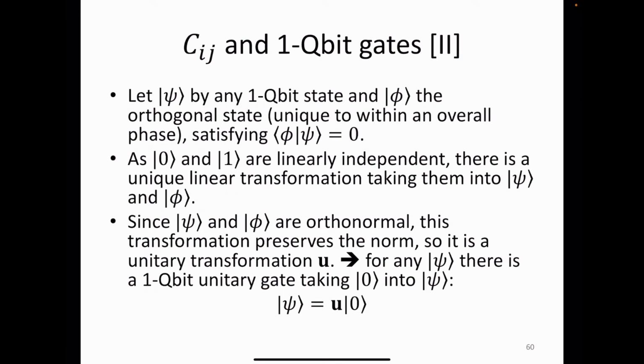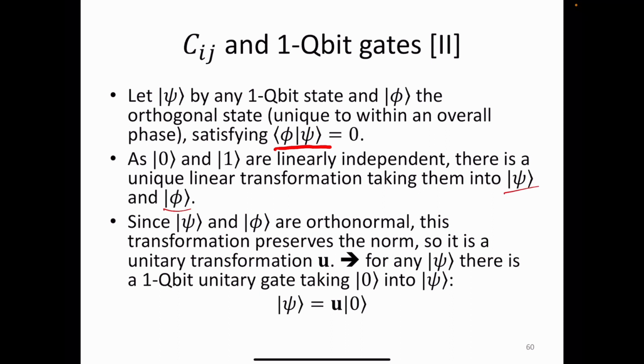Let psi be any 1-qubit state and phi be the orthogonal state, unique to within an overall phase, satisfying this condition here. The inner product gives 0, which means they are orthogonal to each other. As 0 and 1 are linearly independent, there is a unique linear transformation taking them into psi and phi.